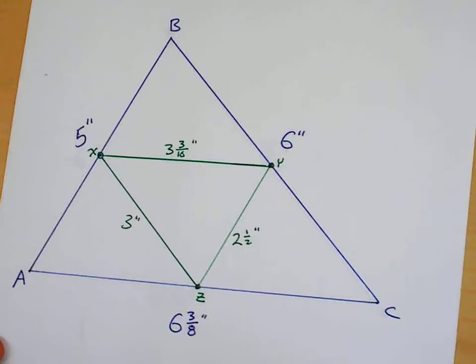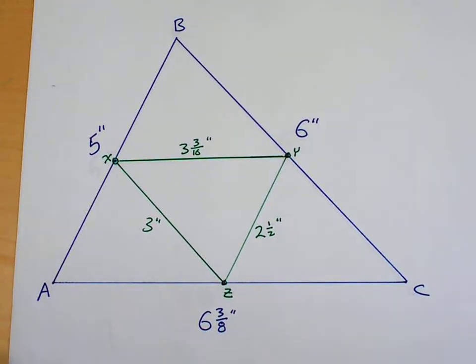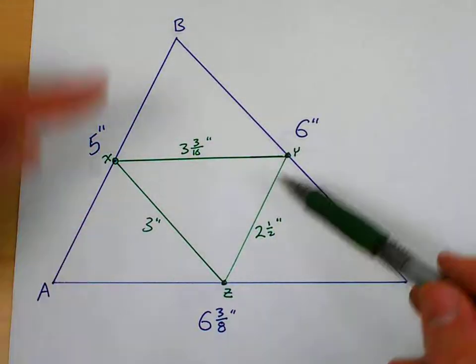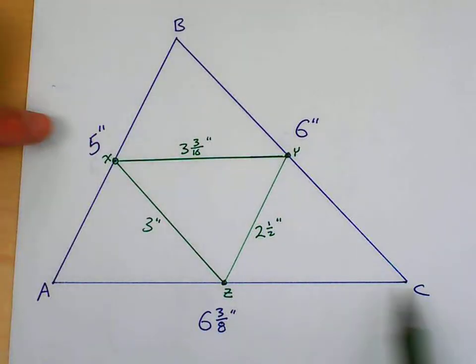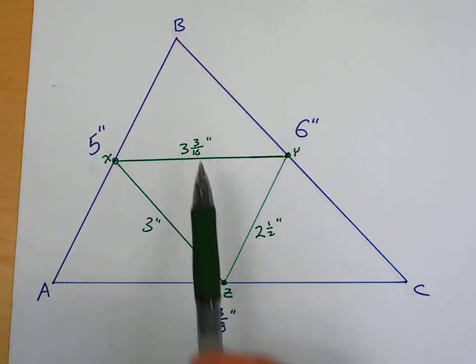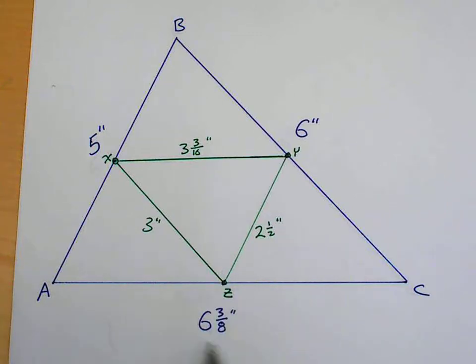So in practice, we do get the mid-segments being parallel to the other two sides, and we also get those mid-segments being half of 6 3/8. Half of that is 3 3/16. Half of 5 is 2.5.